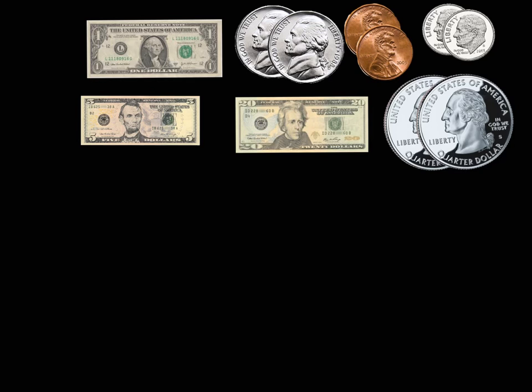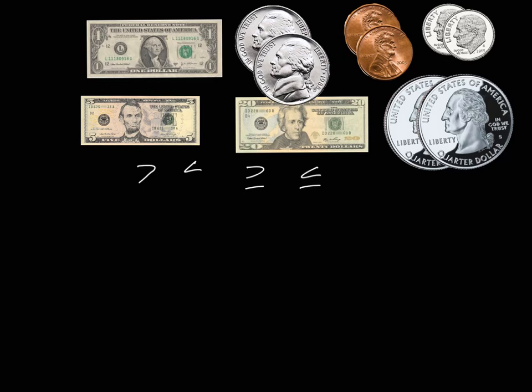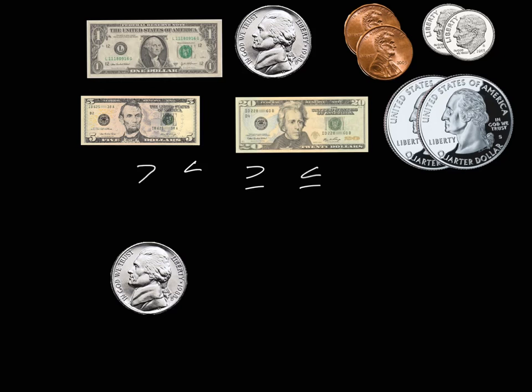However, that's not the case when we're talking about inequalities. Remember the signs that we just talked about a couple slides ago? We had greater than, less than, greater than or equal to, less than or equal to. In this case, let's say that I had my nickel, but then I had less than.